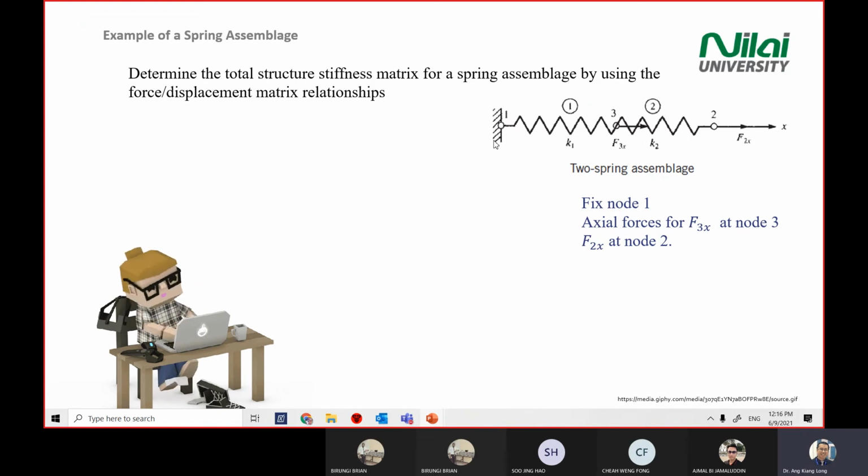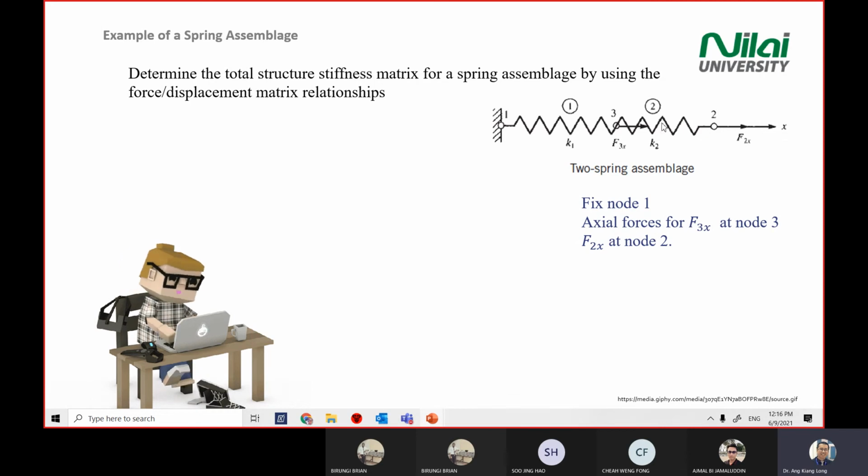Fixed point means no displacement. Then we have axial force F3x at point number 3 and axial force F2x.